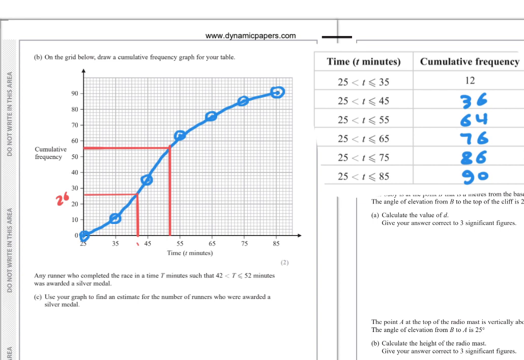So the number corresponding to 52, halfway between 50 and 60, is 55. Now subtract: 55 minus 26 is 29.